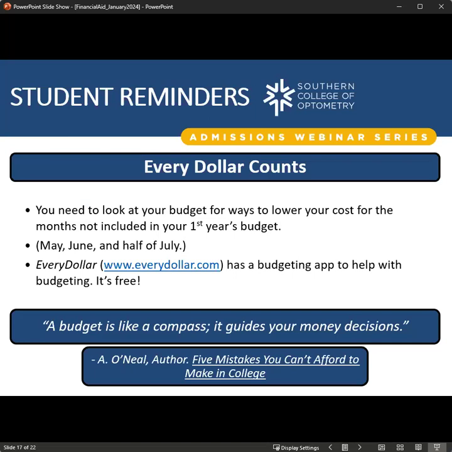So if you move here prior to September, please be prepared to pay your rent, either with the help of parents or if you have money saved up, because you won't have federal financial aid funds until after you start class. Next slide, please.